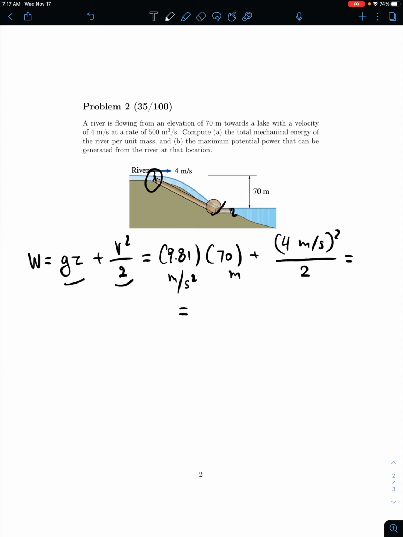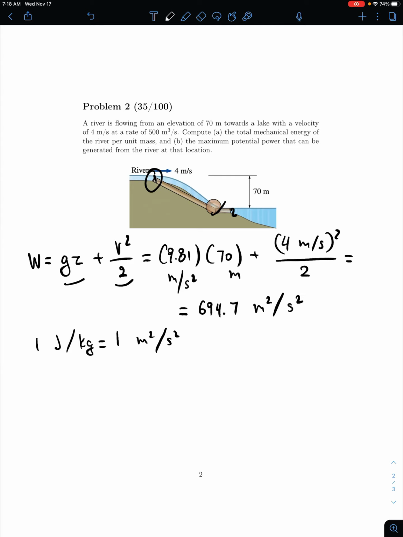So this now will give us 694.7 meters squared per second squared. But meter squared per second squared, that's actually exactly the unit we're looking for, which is joules per kilogram, so energy per unit mass.